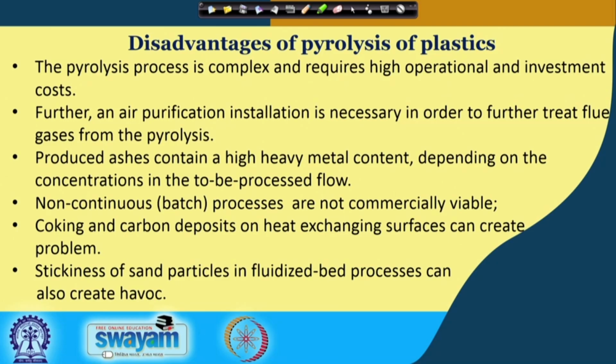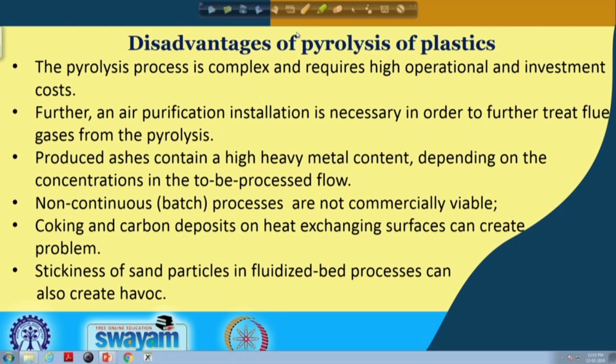Whatever char or ash you produce may end up having high heavy metal content that may create a problem, so you need to manage that material properly. Then, it needs to be a continuous process.